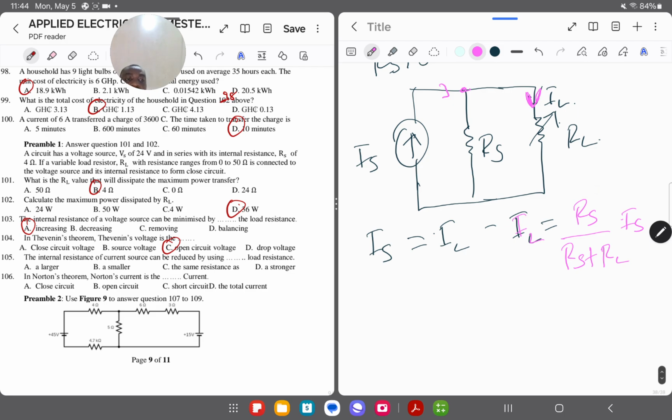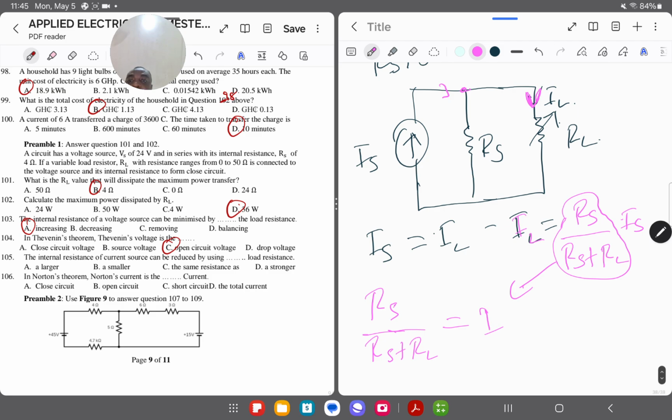So with this, we get this formula. And again, the objective is to make sure that the current source is the same as the load current. So that means I have to make sure that the whole of this part is 1. So RS over RS plus RL is equal to 1.